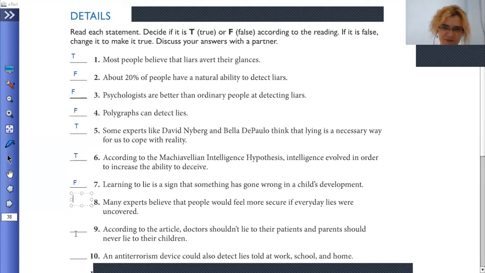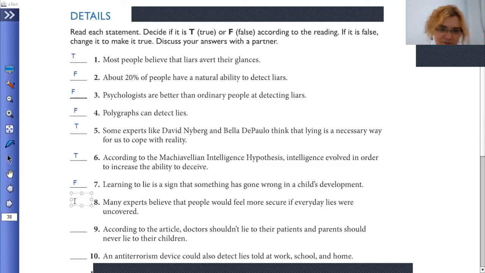What about number 8? Many experts believe that people would feel more secure if everyday lies were uncovered. Me again? Yeah, again, Kensuke. So true, all the lies are uncovered, so it's only the truth.